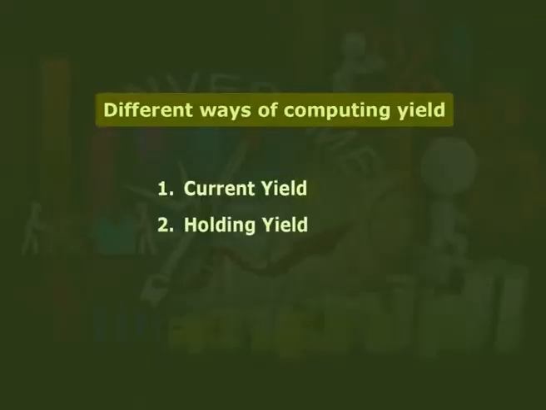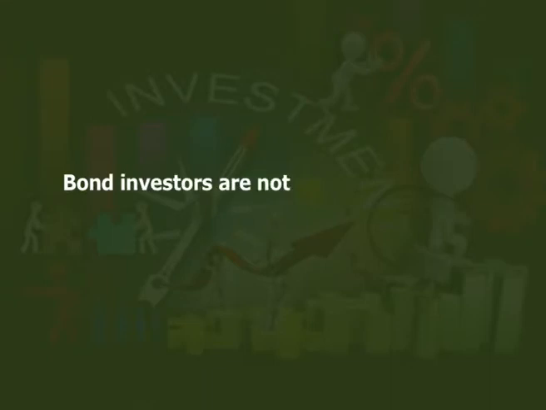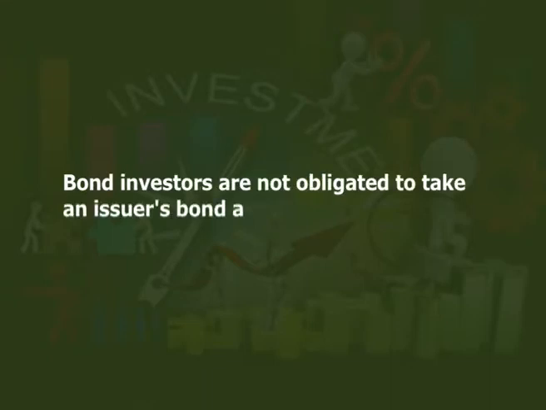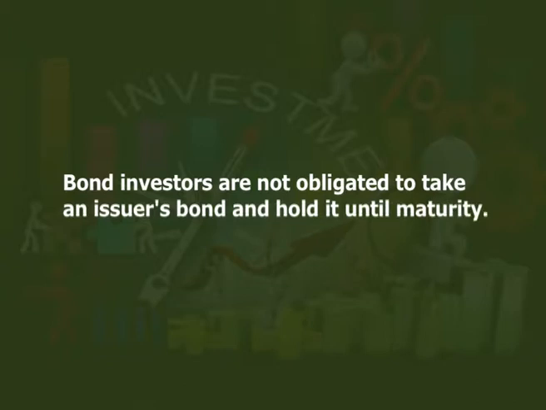Second, holding yield. Bond investors are not obligated to take an issuer's bond and hold it till maturity. There is an active secondary market for bonds. This means that someone could buy a 30-year bond that was issued 12 years ago and hold it for 5 years, then sell it again. In such a circumstance, the bondholder doesn't care what the yield of the bond will be until it matures 18 years later.